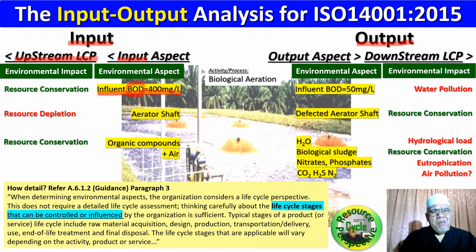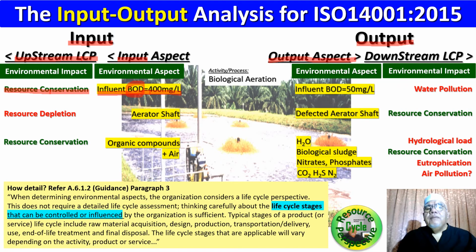Therefore, the environmental impact is, in short, resource conservation, because we are able to replant palm oil trees, but I have excluded matters like excess nutrients or groundwater pollution. I leave that for the experts to go further if you're involved in this. All right, now, what's the output?